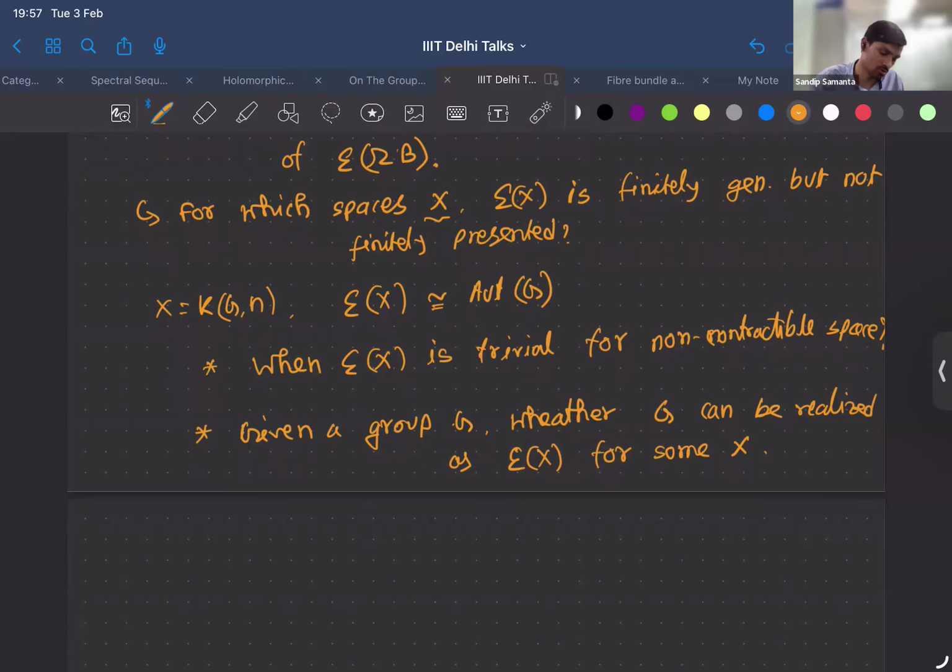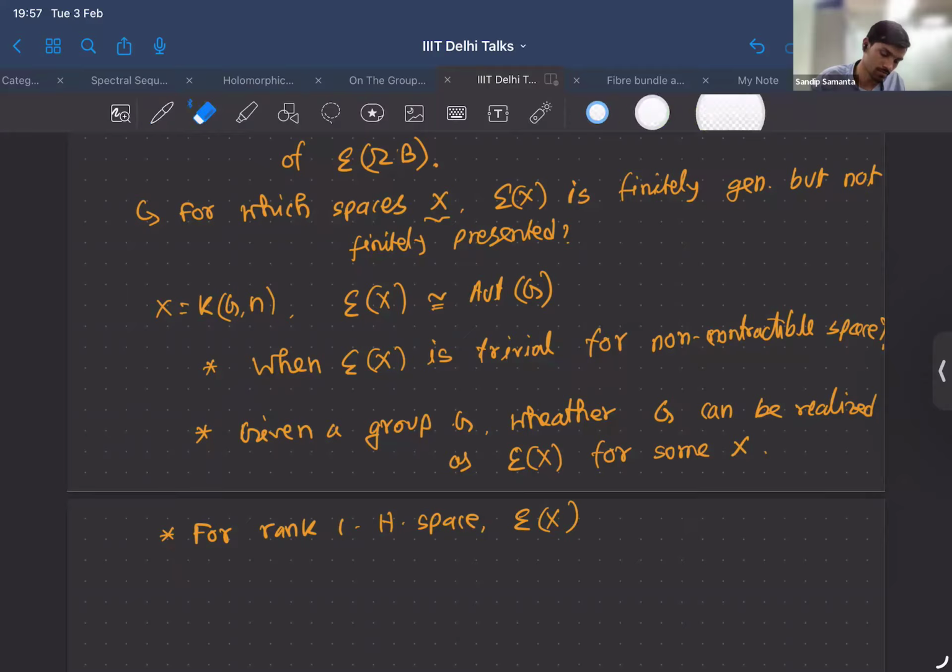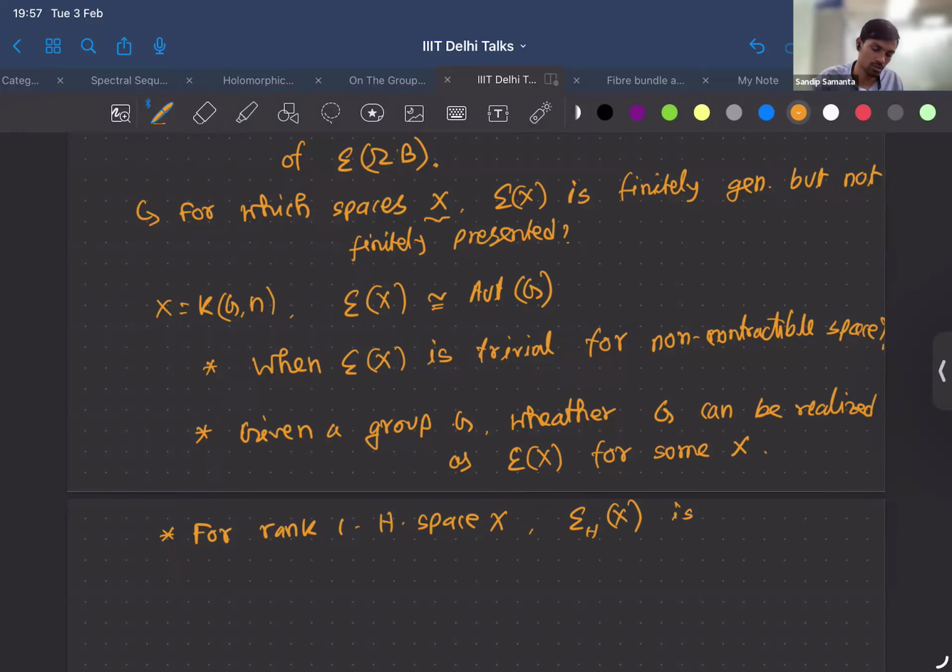Also, for rank one H-spaces there is a complete calculation of E(X).